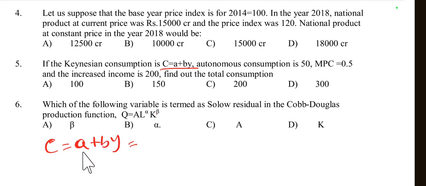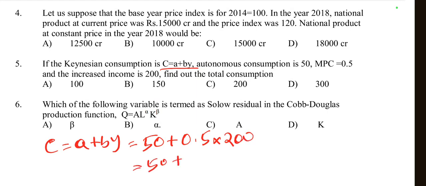Here A means autonomous consumption. So A value is 50 plus B means marginal propensity to consume. So B value is 0.5 into Y. Y means income, which is 200. So 50 plus 0.5 into 200. 0.5 means 1 by 2 into 200 means 100.